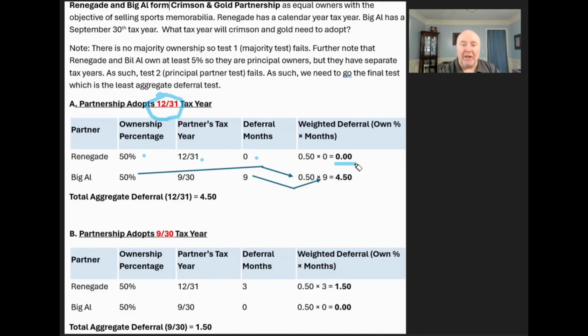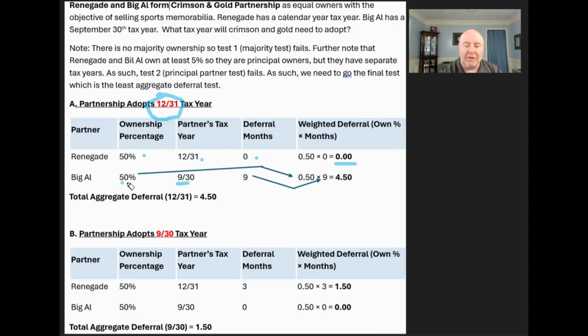Okay? So then we have to do the same thing with Big Al. With Big Al, we're saying the partnership adopted the December 31st tax year, but Big Al's tax year isn't until September 30th, right? So we have a September 30th here. If this were to happen, look what would happen.